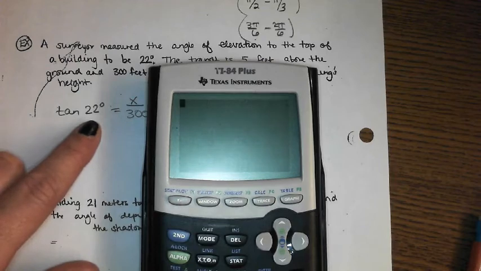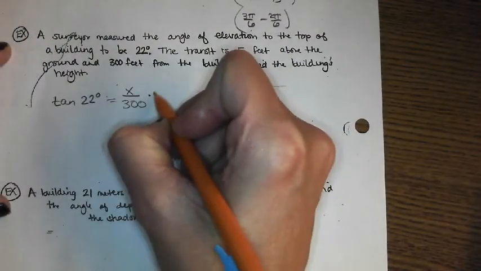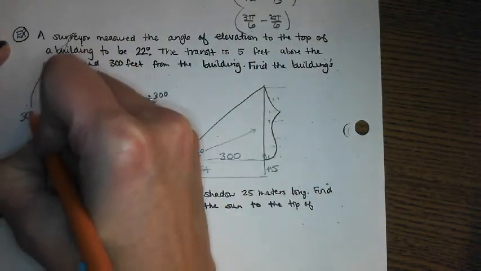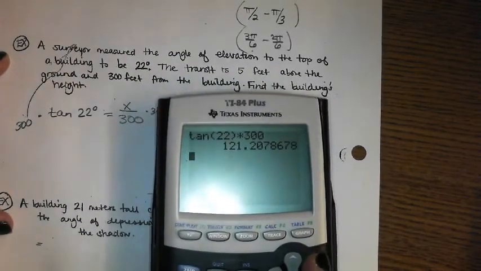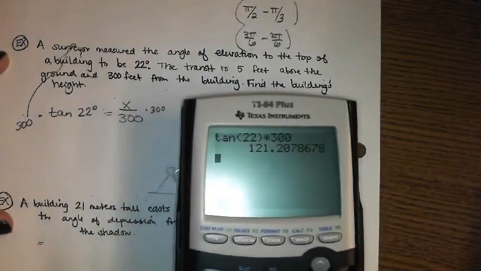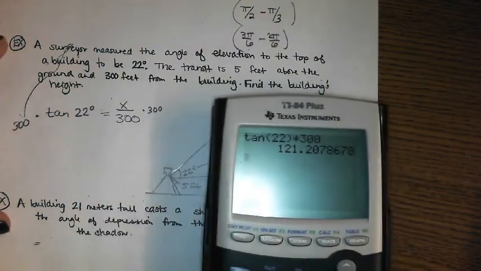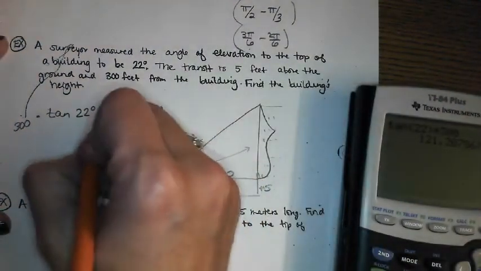We're going to take the tangent of 22, and we're solving for x, so multiply it by 300 on both sides. And we get 121.2. To say to the nearest anything? Of course not. 121, we'll go to the nearest tenth. 121.2 is our x value.